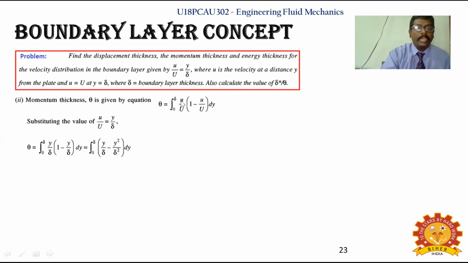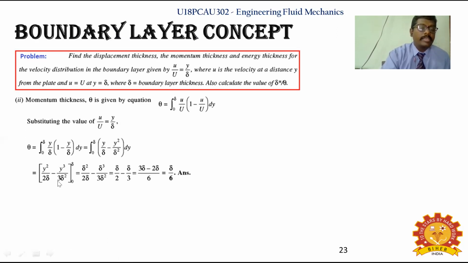Here you substitute y by delta for u by U. While multiplying inside, y by delta times y by delta gives y square by delta square. Now you make the integration. Integrating y gives y square by 2, and integrating y square gives y cube by 3.